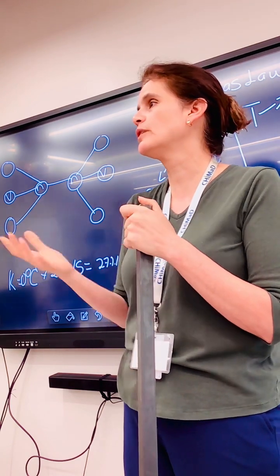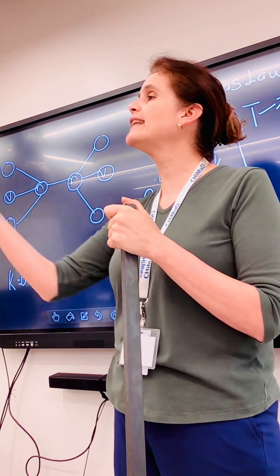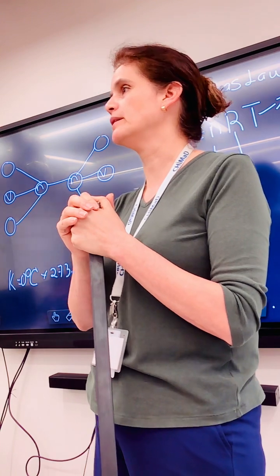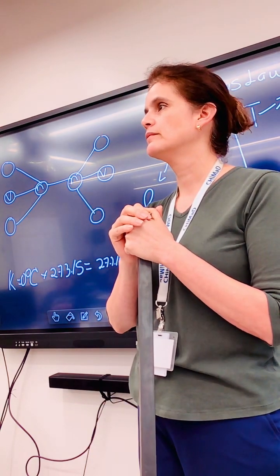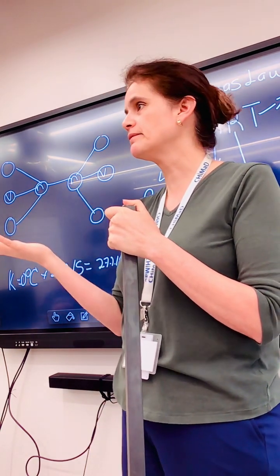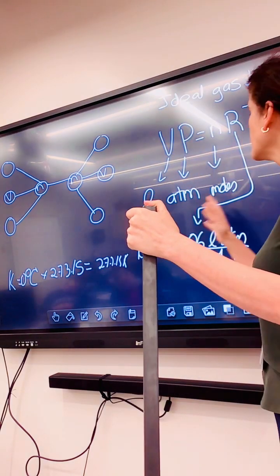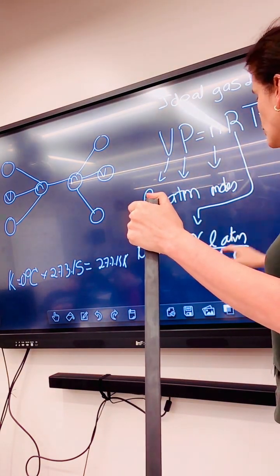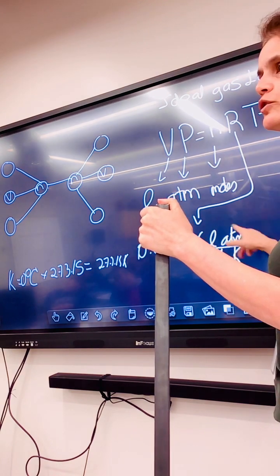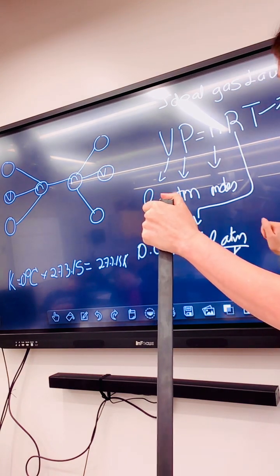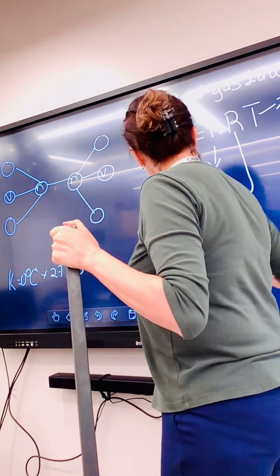You just add 273 to it. If you have 10 degrees C, how many Kelvin? 283. That's it. But you need to remember to convert it. You need to make sure all the units agree with the units in your R so that they can cancel.